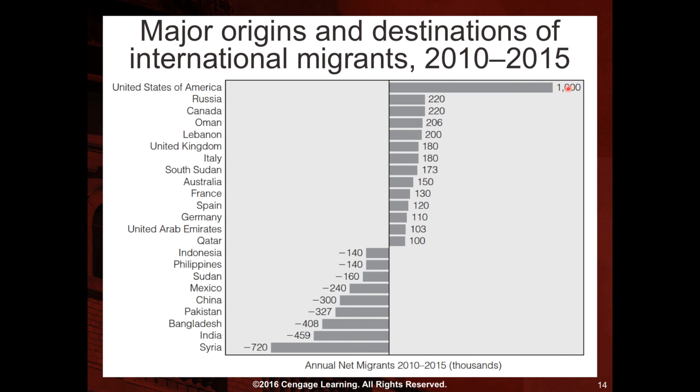So here more immigrants than emigrants, and here in Syria more emigrants than immigrants, because people are getting out of Syria. So 720,000 more getting out of Syria than getting in per year between 2010 and 2015. And here we are talking about all these annual flows going on in these specific time periods.